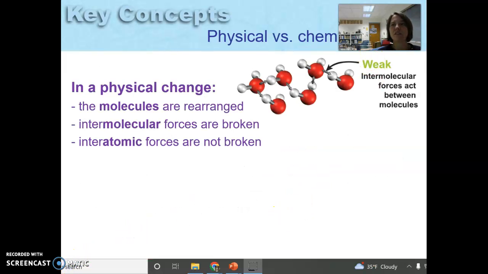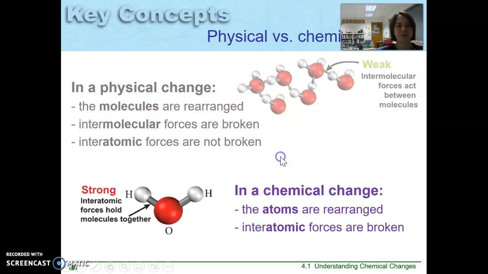Let's look a little bit more at physical and chemical change. So in a physical change, the molecules are rearranged, the intermolecular forces are broken, and those interatomic forces stay together. So we've got one water molecule, H2O, and the intermolecular force between another molecule, H2O, breaks, but not these strong bonds between the atoms.